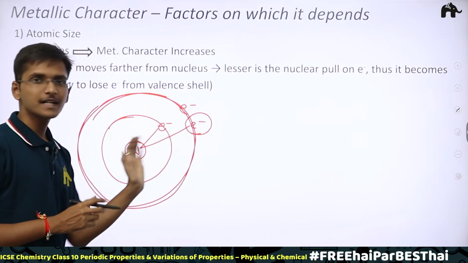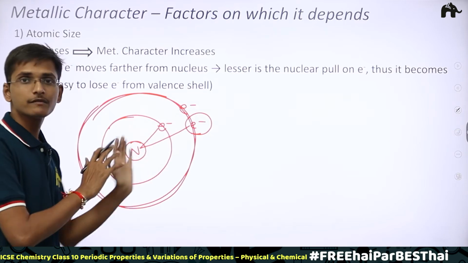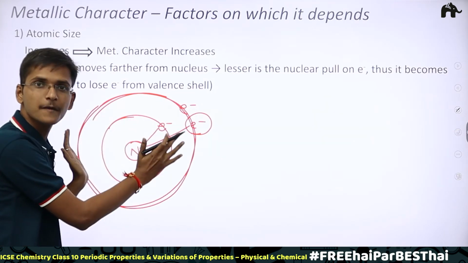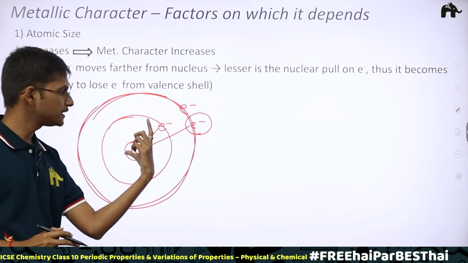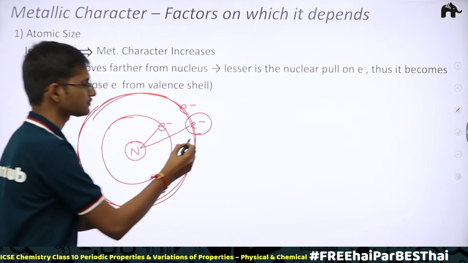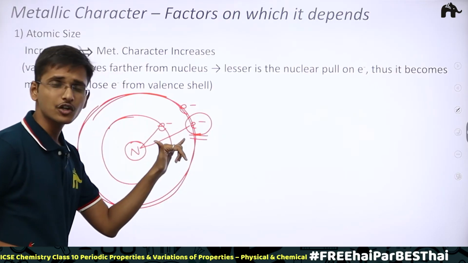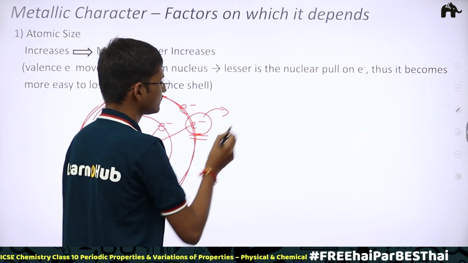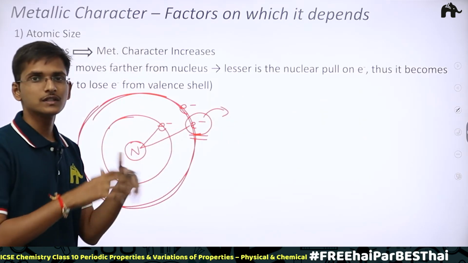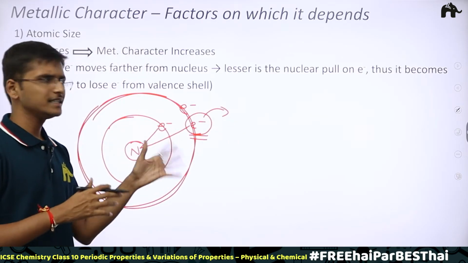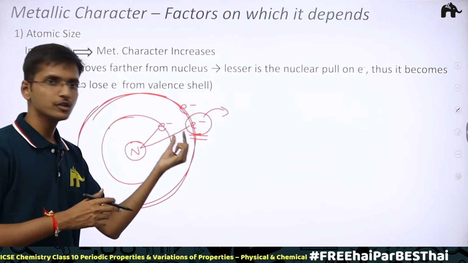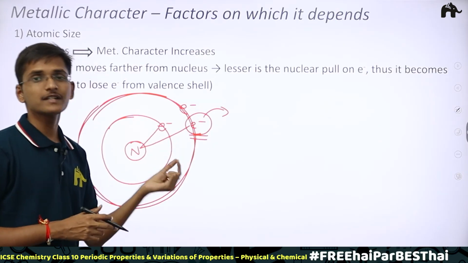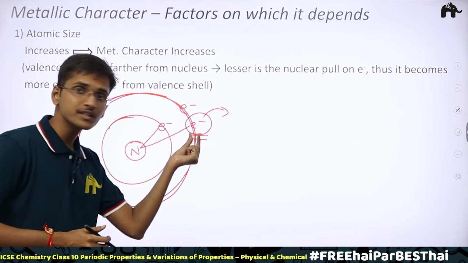Which means that it is easy to lose the electron when the atomic size has increased, as compared to the previous atomic size. So the tendency to lose the electron, or the ease with which an electron can be lost, is more in this case.